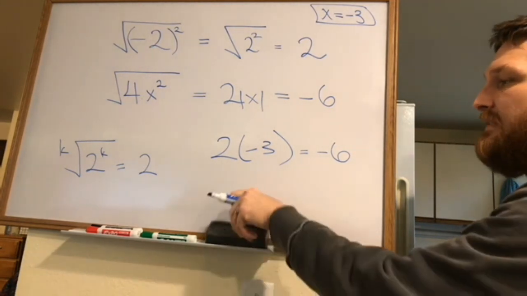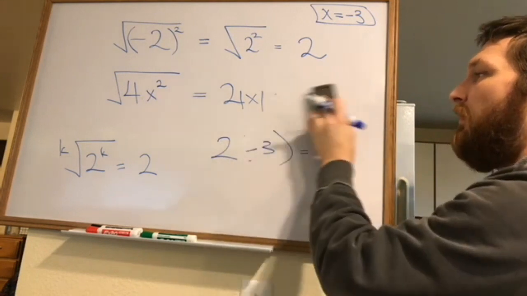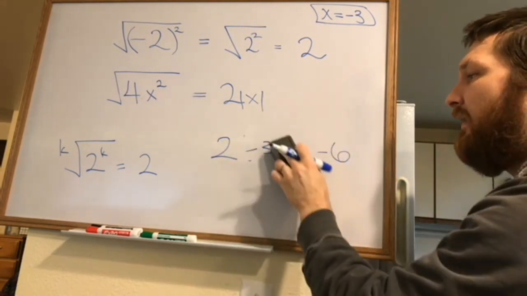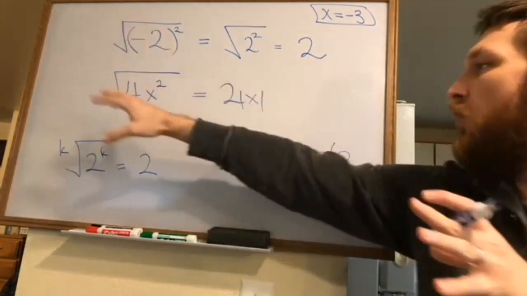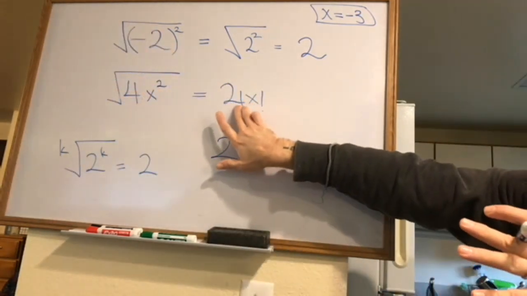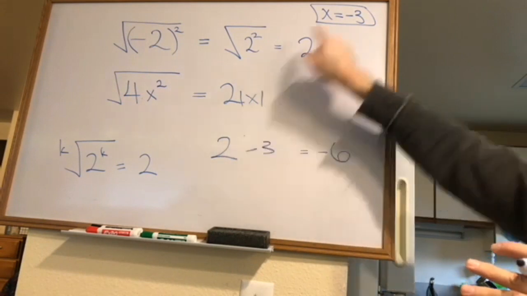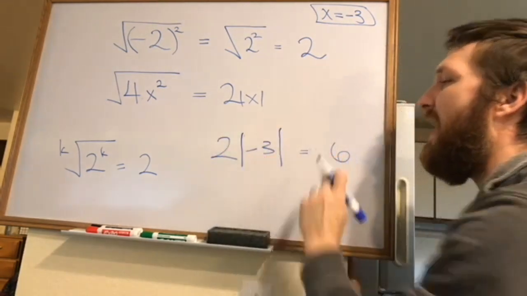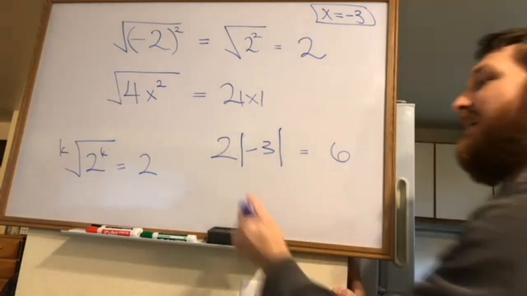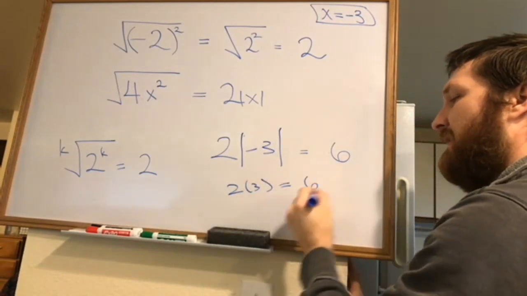Okay, and that is the key here, because then when we go to plug this guy back in, like I said, we're doing some work and we end up at this intermediate step. We do some other work and find out x is equal to -3. Then when I plug him in, I end up with that. And then we can say, that's actually 2 times +3, and it does give me 6.